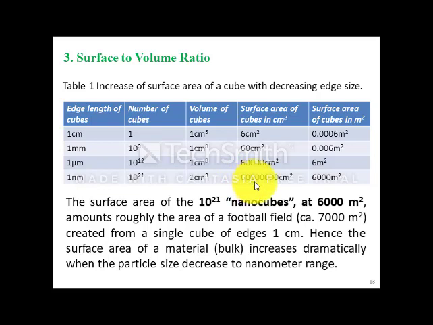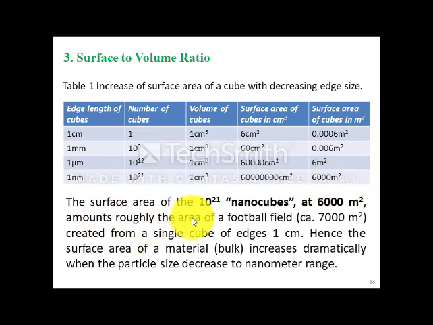So the surface area becomes 6,000,000. The surface area of 10 raised to power 21 nanocubes becomes 6,000 meters square.